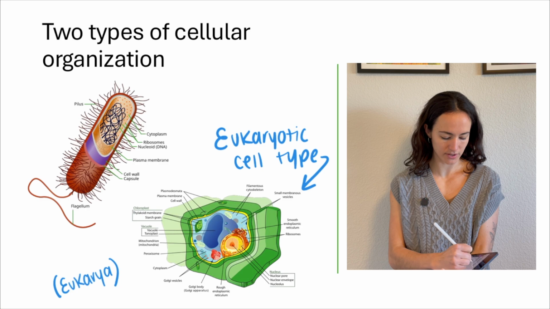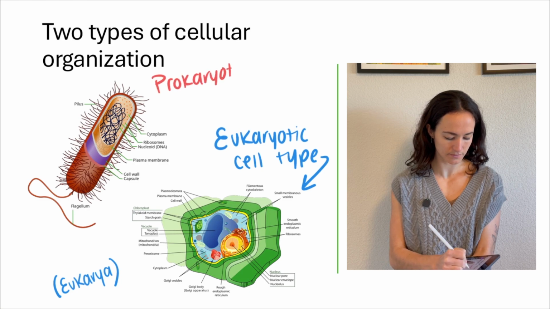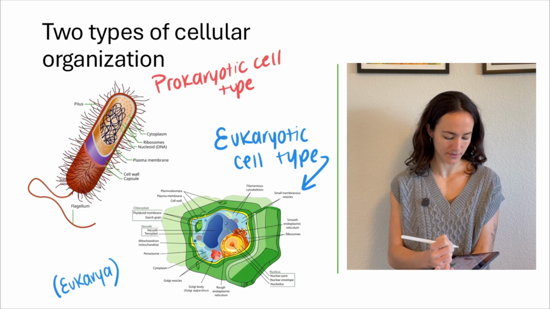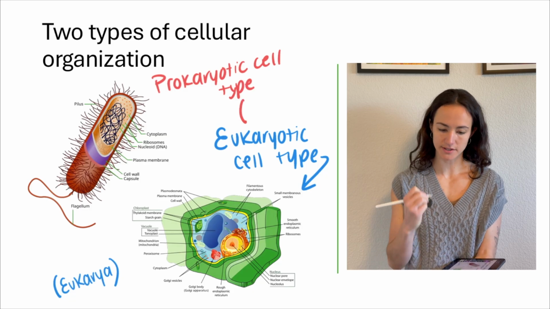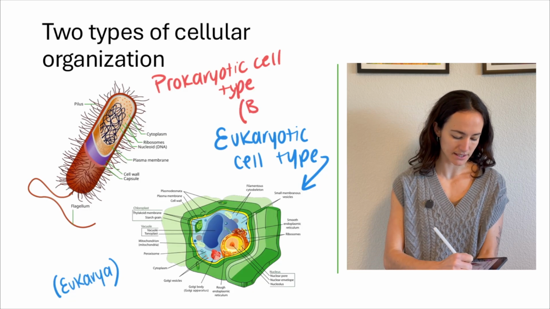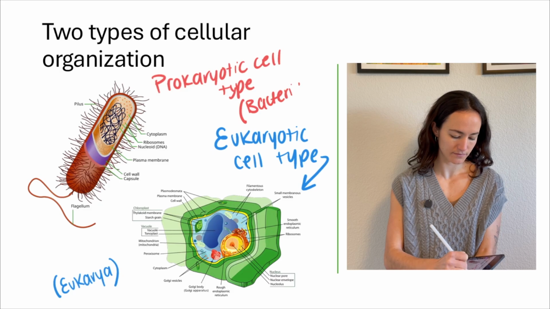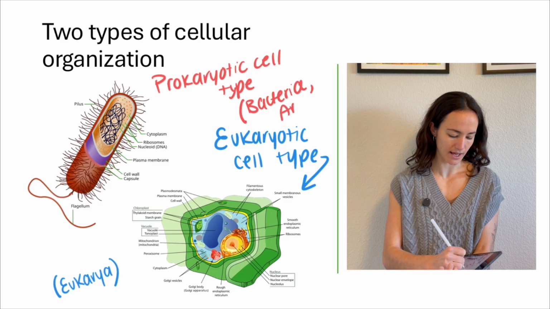Then we have the prokaryotic cell type. And the domains of life, or big categories of life that fall under this umbrella, are the bacteria and the archaea.